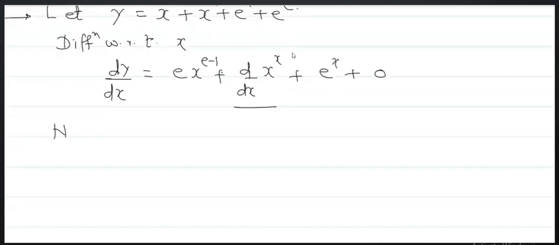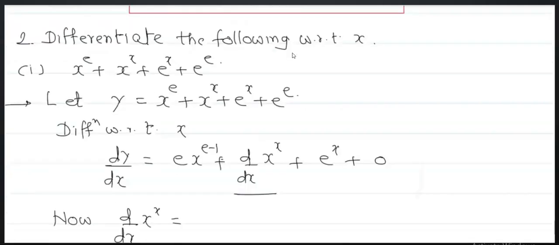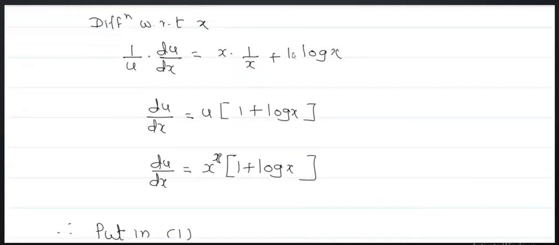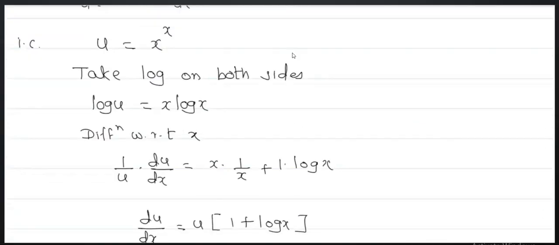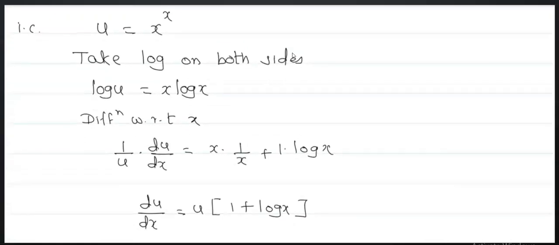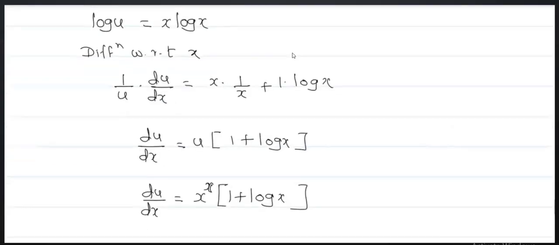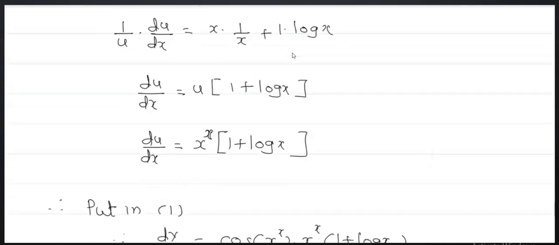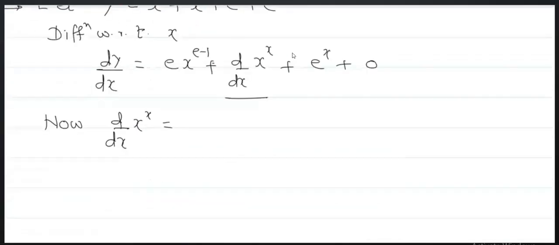Now we will find the derivative of d/dx of x raised to x. We have found this a number of times. Its derivative is x raised to x in bracket 1 plus log x. That's why you can understand this.